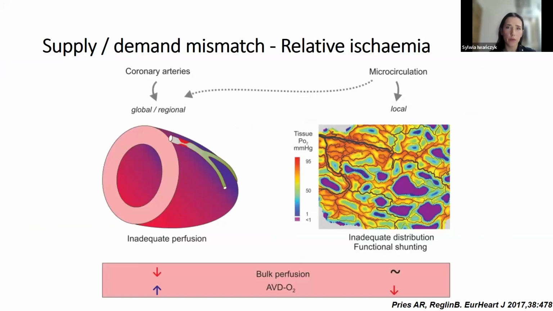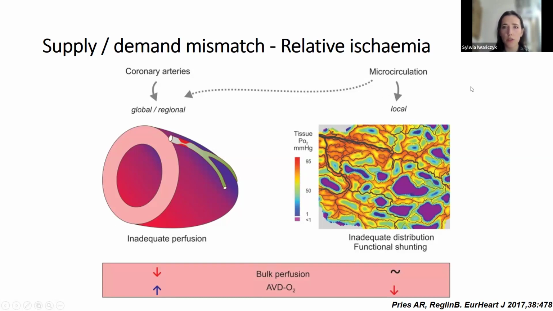So, of course, the ischemia is related to the mismatch between supply and demand of blood. As I said before, in coronary artery disease we have a global or regional ischemia associated with inadequate perfusion of the myocardium.